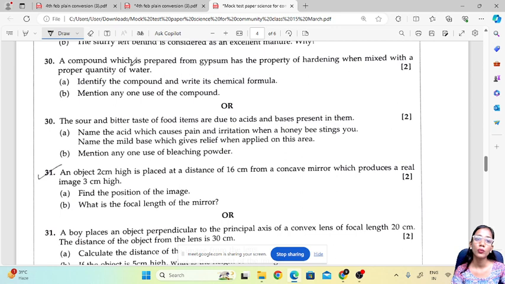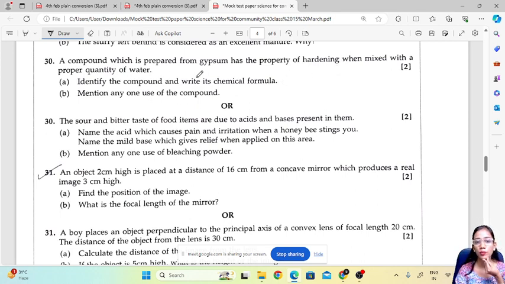A compound which is prepared from gypsum has the property of hardening when mixed with a proper quantity of water. Identify the compound and write its chemical formula. Okay, now what is this compound? It hardens.